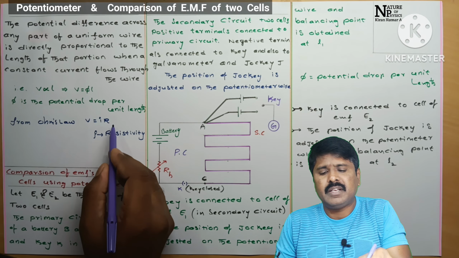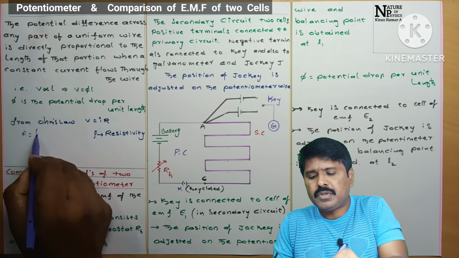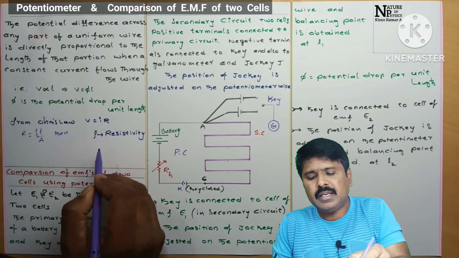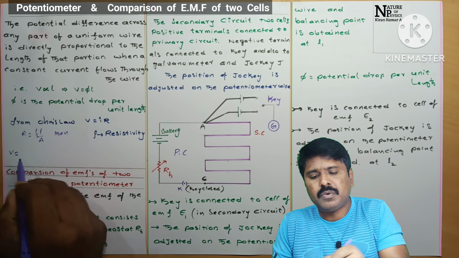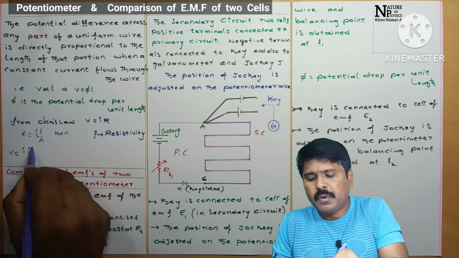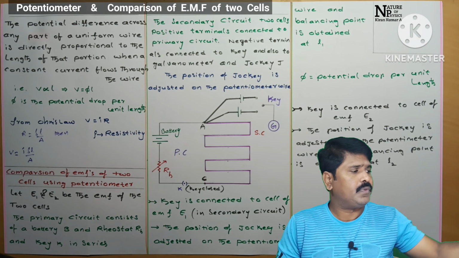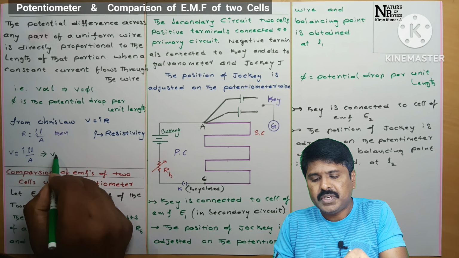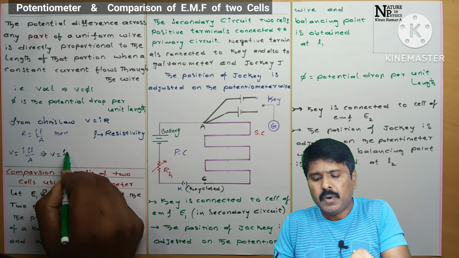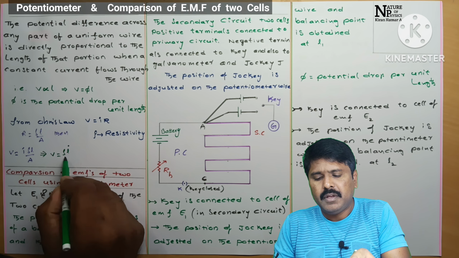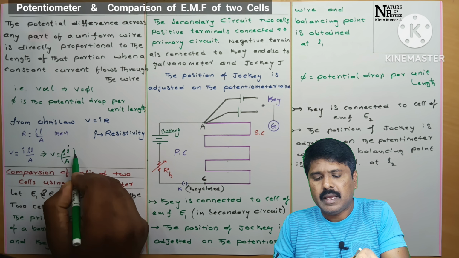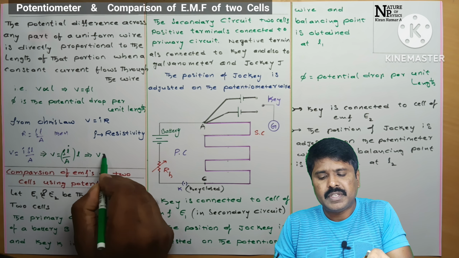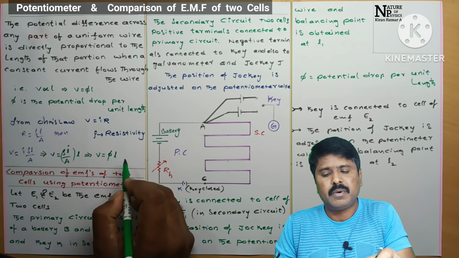Here R is the resistance, and I am replacing R with rho L divided by A. Then the equation is V equal to I into rho L divided by A. Continuing, V is equal to I rho divided by A into L, so I can write V equal to phi into L.